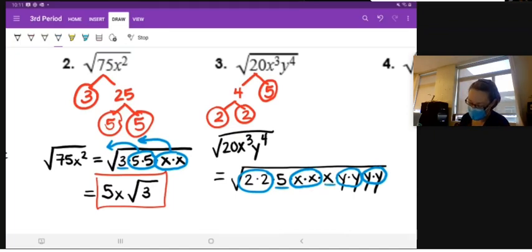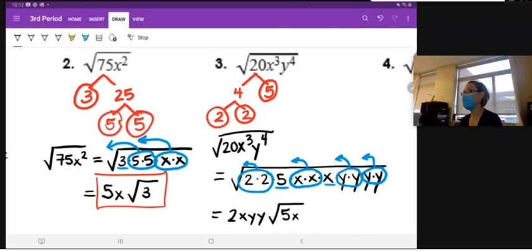So I'm going to be pulling out a 2, an x, a y, and a y, all go out front. 2x, y, y, all out front. But then inside of the radical still, I've got some stuff left over, some stuff that didn't get pulled out front. A 5 and an x, 5x.